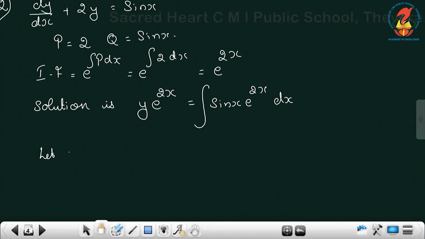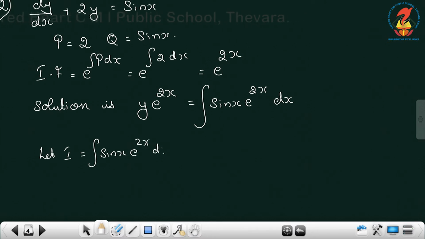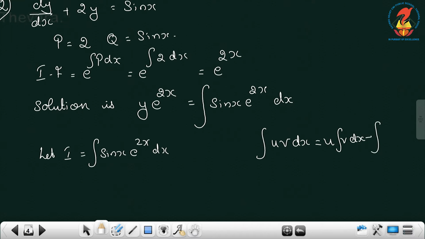Let I is equal to integral sin x into e raised to 2x dx. What is the integration by parts? UV rule. First function into integral of second minus integral of derivative of first into integral of second, one more dx.